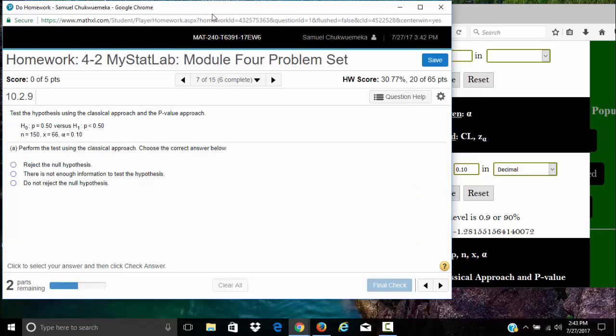Question 7, test the hypothesis using the classical approach and the p-value approach. So you have the null. The null hypothesis is the population proportion is 0.50. The alternative hypothesis is that the population proportion is less than 0.50. So you look at this here, this is left-tailed because this is less than.